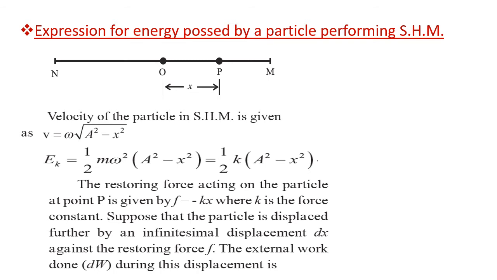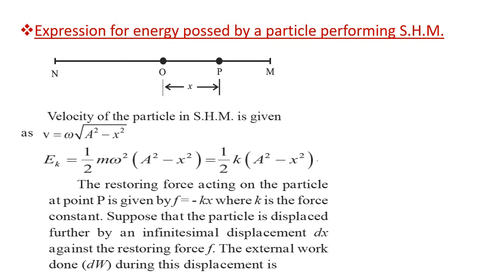So we can say that when a particle performs simple harmonic motion, the particle possesses both kinetic as well as potential energy. Okay. So the total energy of the particle performing simple harmonic motion is nothing but the sum of potential and kinetic energy.